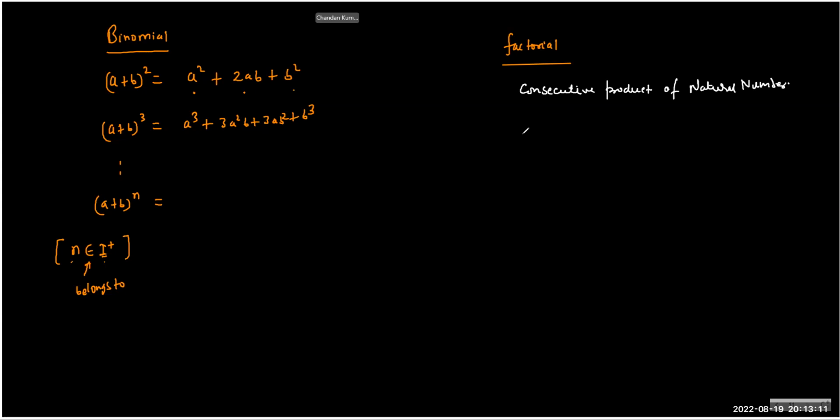So by definition, or you can say by assumption, the factorial of 0, this is the notation of factorial, this is how we read, or you can write 0 with an exclamation mark. So both are called factorial notation. It is written in two ways.